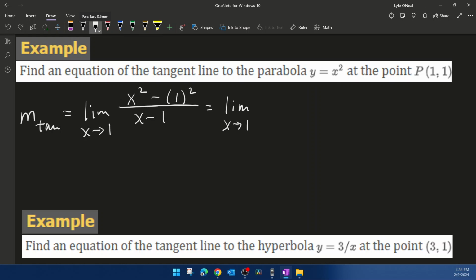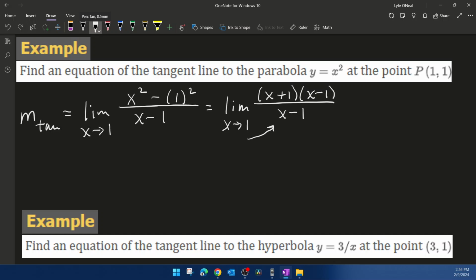We have the limit as x approaches 1 of x squared minus 1. Okay, time out. Notice that is the difference of squares. Let's factor on the fly. X plus 1, x minus 1, difference of squares. Notice what that does for us.